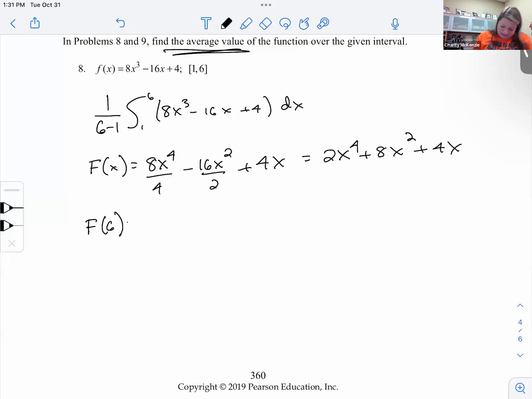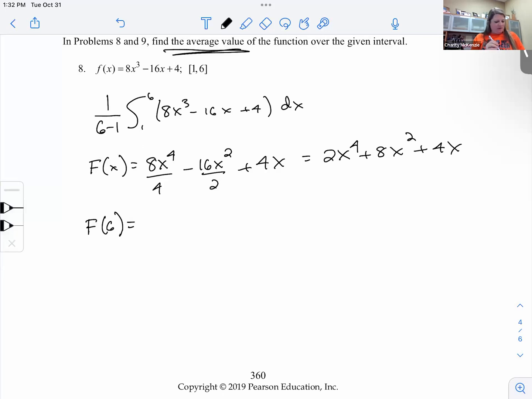So put in 6. And I don't know if I did that. Okay, so 6, so 2. I don't have it on here, so I'm going to have to do it. So 6 to the fourth power plus 8 times 6 to the second power plus 4 times 6. I get 2,68,6.